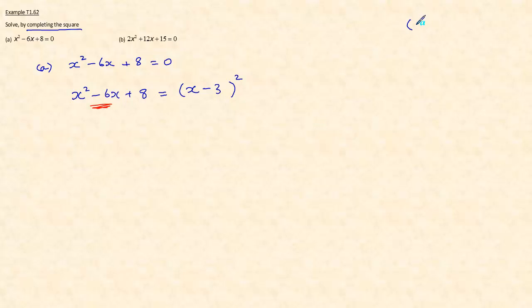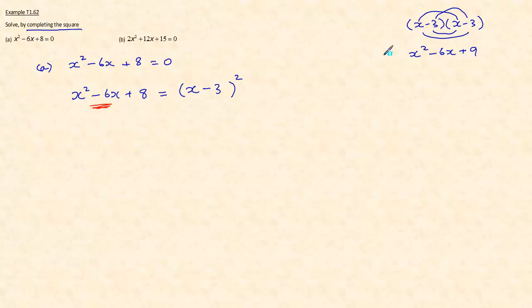So, think about x minus 3 all squared. We expand out, what does it give me? I get x squared minus 3x minus 3x, which is minus 6x, and then I get a positive 9.